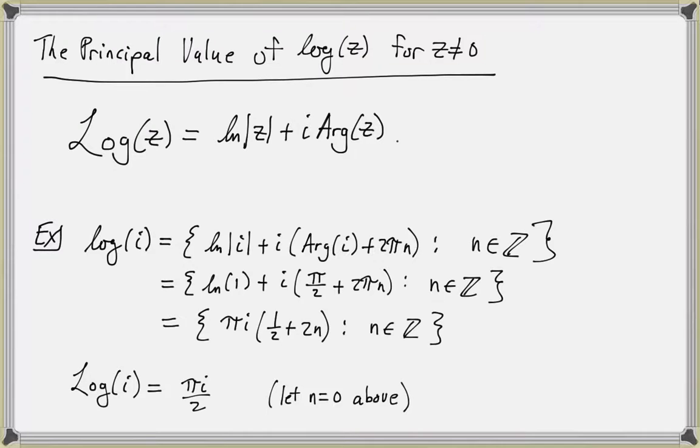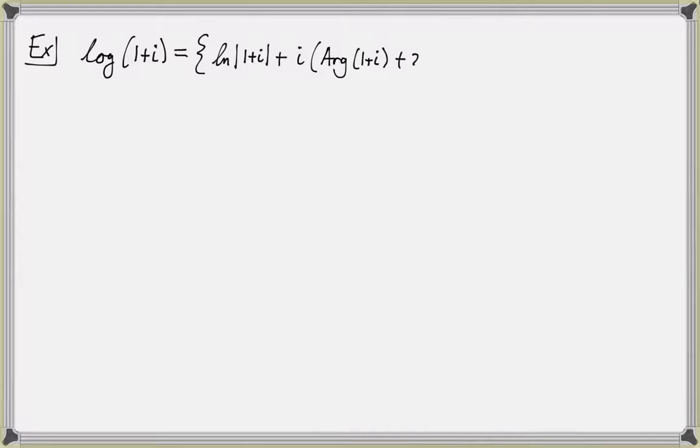Let's do another example. Next, let's take the log of 1 plus I. So this would be the set of elements equal to the natural log of the absolute value of 1 plus I, plus I times the quantity principal argument of 1 plus I plus 2 pi n, where n is an integer.